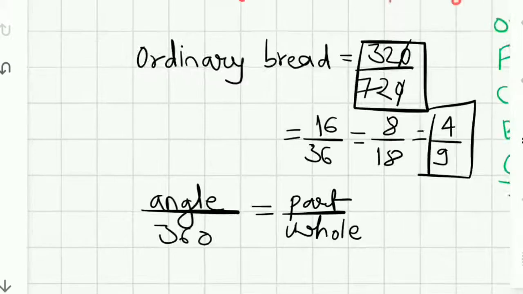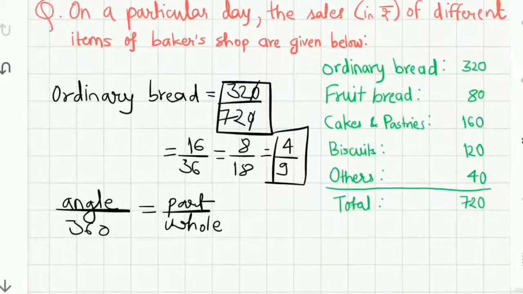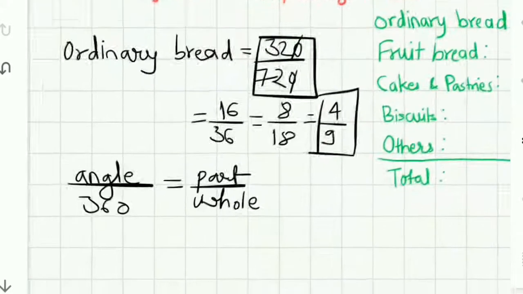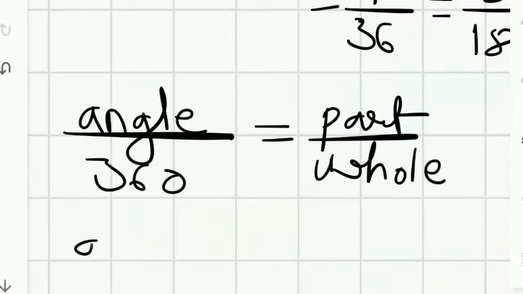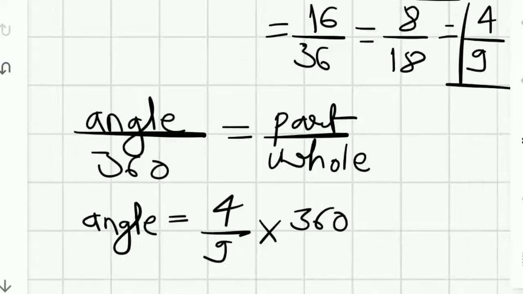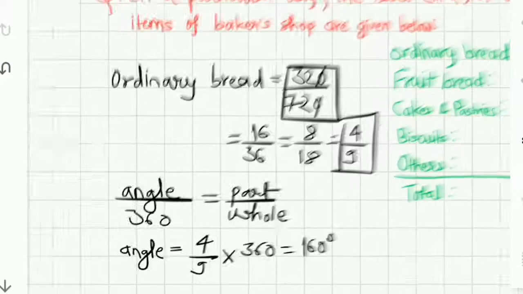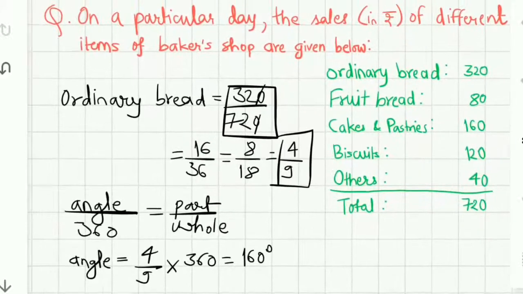Remember last class? If you don't remember, watch my previous video. So what will be the angle? The angle will be 4 by 9 into 360, which is equal to 160 degrees. So we've got the angle for ordinary bread.